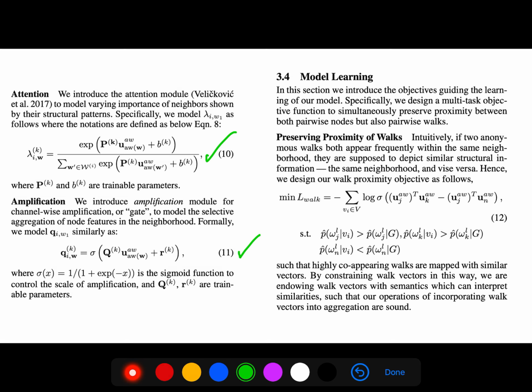So we design our walk proximity as follows, such that it has these constraints, such that highly co-appearing walks are mapped to similar vectors.